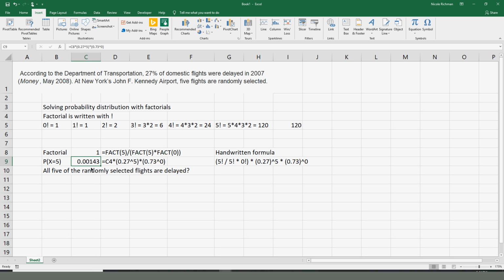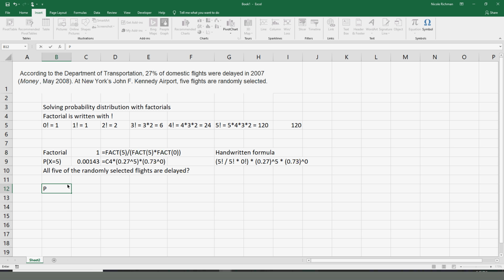And so there's our solution. The probability of all 5 flights being delayed is 0.00143, or in percent format, 1.43%.